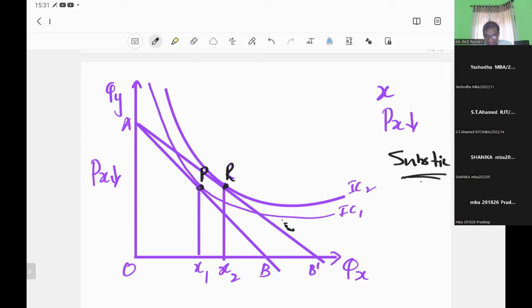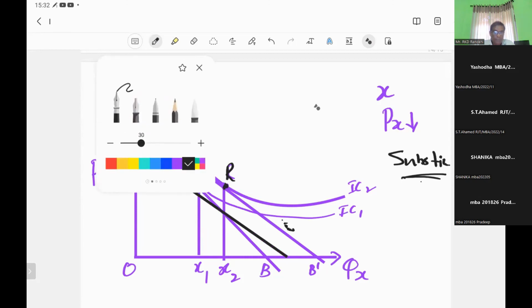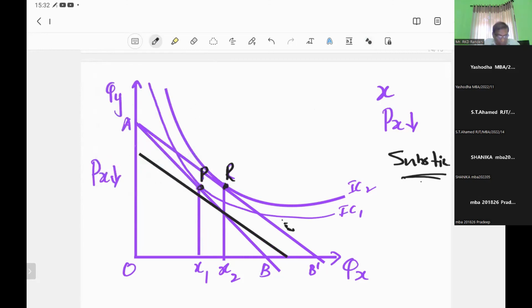Definitely we have to delete indifference curve 1 and adjust it. I will draw the line in black. Now this is the parallel line, that is CD. The black line is the parallel line to the new budget line AB dash.